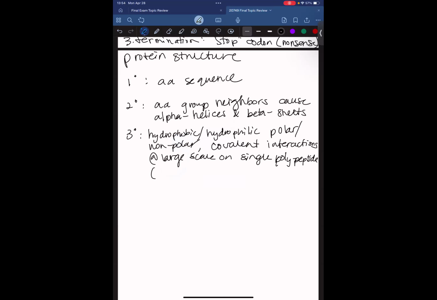So this is that step that I called the tying of the bow. Quaternary structure is when you have multiple polypeptides come together to create the functional protein.